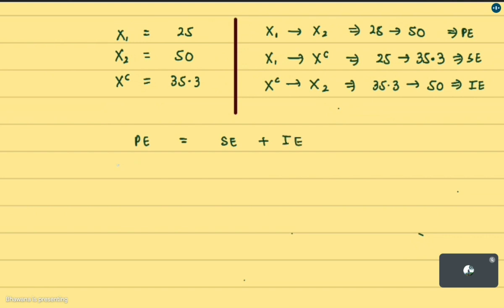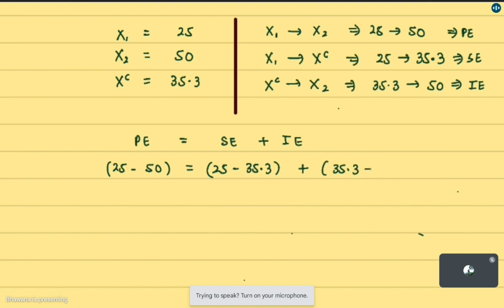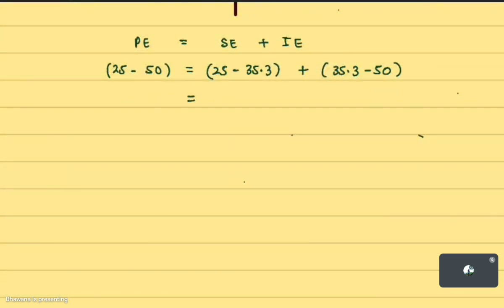Your price effect is 25 minus 50, that is, the change in quantity demanded of x due to the change in price. Okay, substitution effect is 25 minus 35.3, plus income effect, which is 35.3 minus 50. So when you solve it, let me use a calculator for this. 25 minus 35.3, you will get minus 10.3.